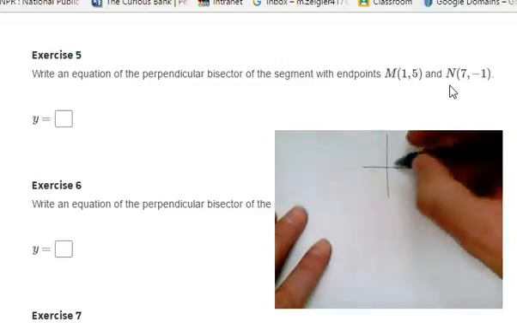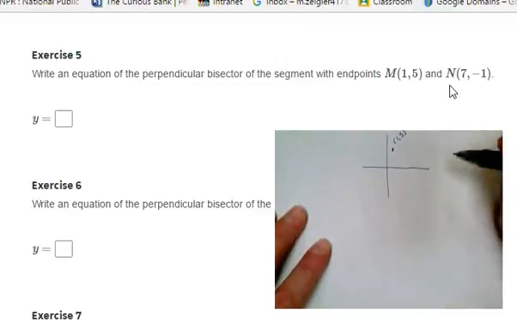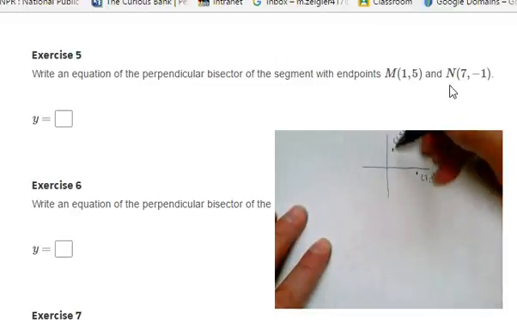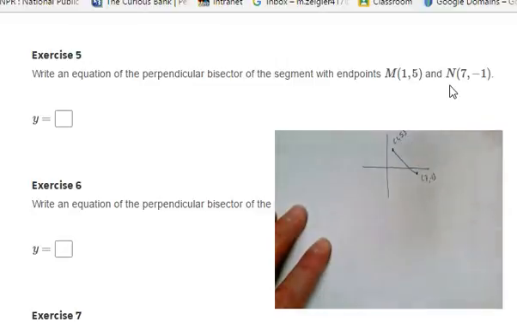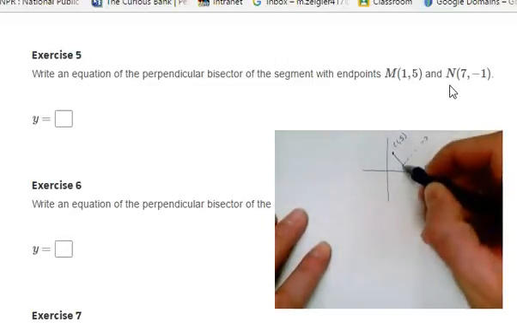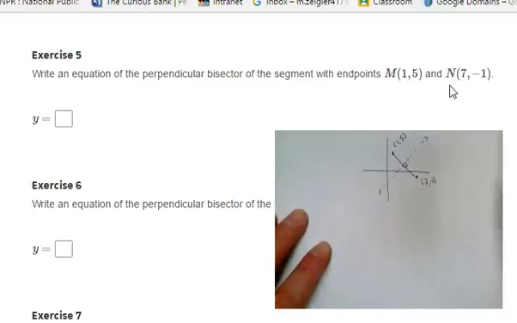The point (1, 5) is somewhere up here, and (7, -1) would be over here somewhere. So there's our segment, and our perpendicular bisector will cut that in half and meet it at a right angle. Okay, so we're going to find the equation for that.